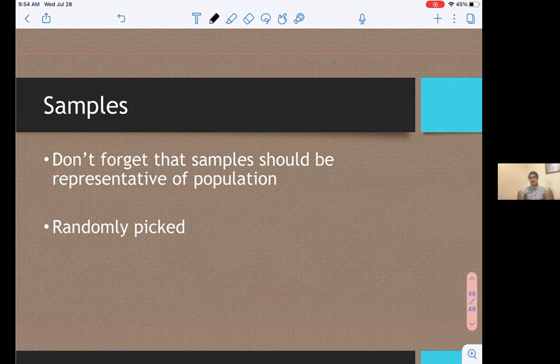And if you want to predict something with a good fit or the best fit, you want to make a model that best estimates the values for the population. In order to do that, we have to get good samples that can actually reflect the values of the population.